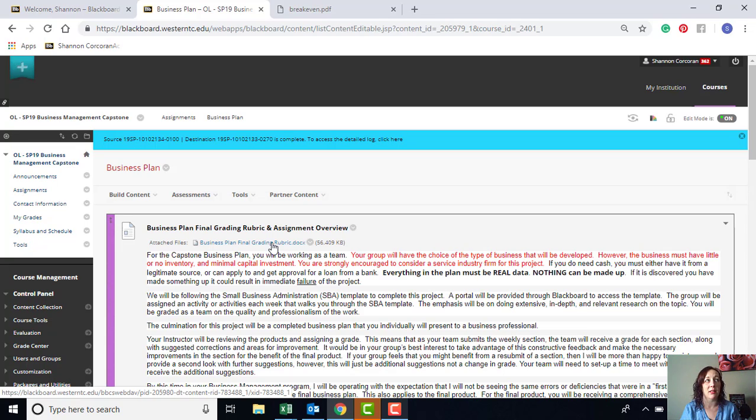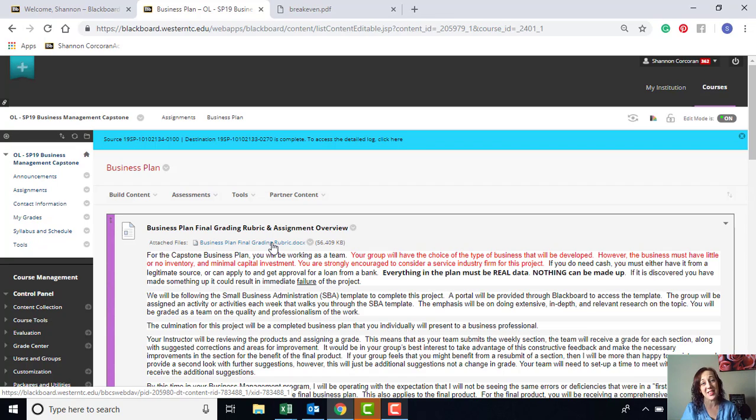And there's a lot of liability insurance. So you're strongly encouraged to stay away from those and really focus more on a service industry firm for this project, so you have little to no inventory. If you do select a business that has inventory or larger capital investment, you're just going to have to do the additional steps to support that inventory, support the capital investment, show that you have the financial backing in order to start that. So that might include getting approval for a loan.